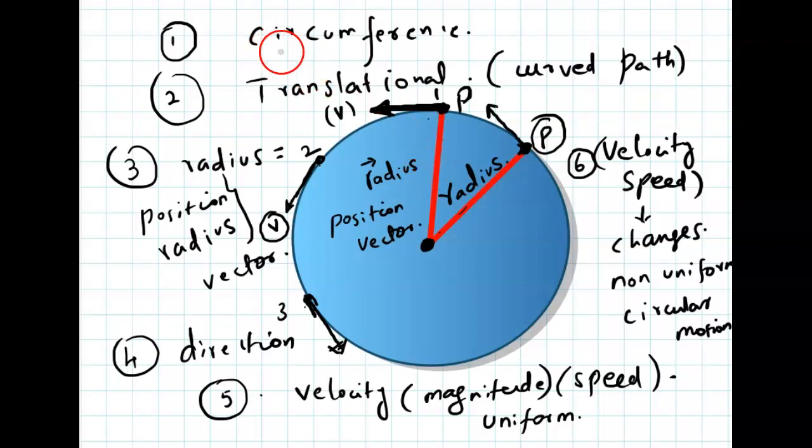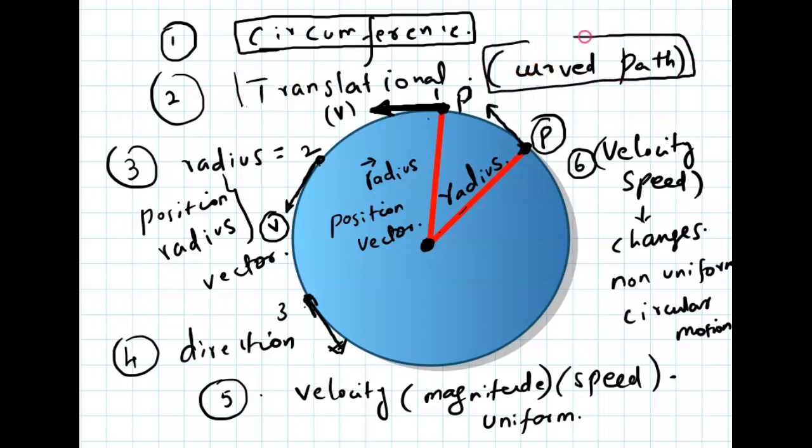Right? And here you know the characteristics: the particle is always moving along the circumference of the circle, and it is translational motion but in a curved path. A line drawn from the center to the position of the particle is known as the position vector or the radius vector, and the direction of this position vector is always outward.